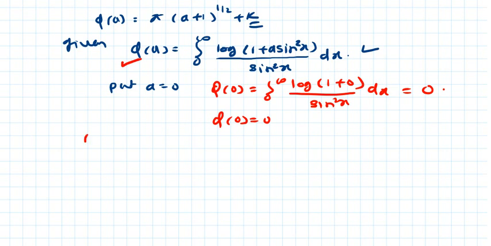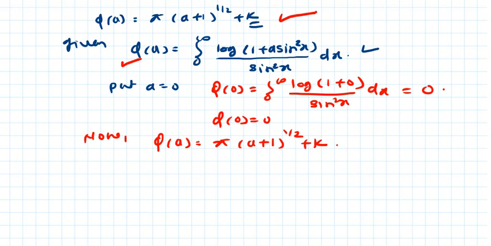Now from this equation, phi of a equal to pi into a plus 1 raised to half plus k. If I put a equal to 0, then what will happen? This will be phi of 0 equal to pi into 0 plus 1 raised to half plus k.